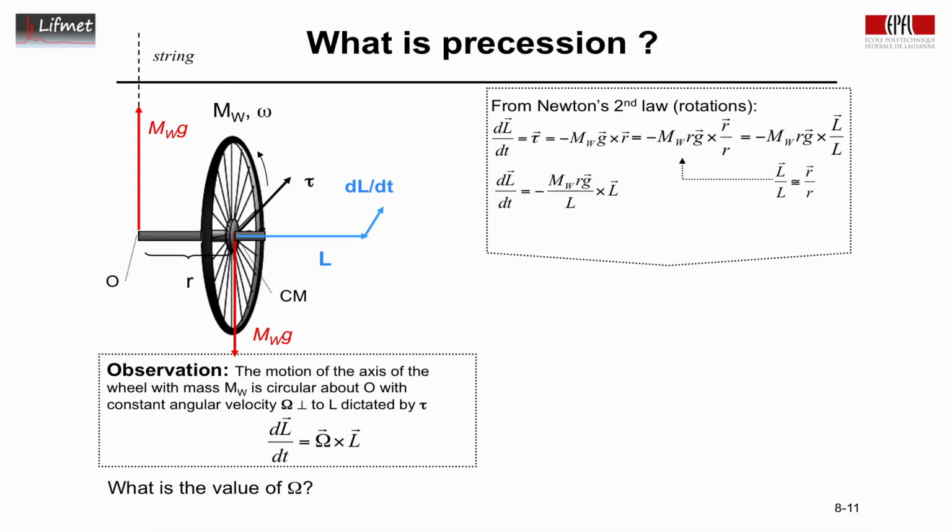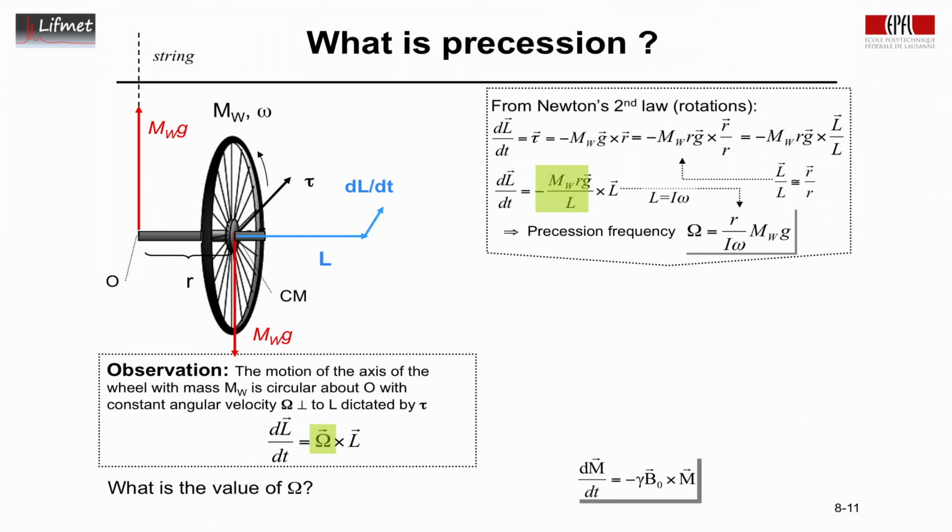If I regroup this, then we have the derivative of the angular momentum is some term times the angular momentum. And this is essentially our precession frequency. I'll use the definition of the angular momentum, so it's I omega, I being the moment of inertia, and then the precession frequency is equal to the radius times the mass times gravitational acceleration, g, divided by I omega. So that's our precession frequency here derived.